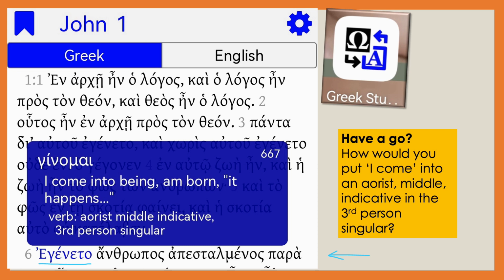I come in the third person, it's going to be he. We're talking about Jesus, so it's going to be a man, and it would move into the past tense, one off that act in the past because it's aorist, so it would be he came. In this case, he came, this man, having been sent, apostalmenos, which is a participle of the word apostle, which means someone who is sent.